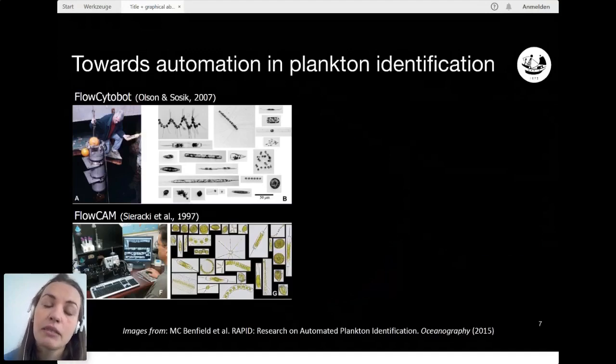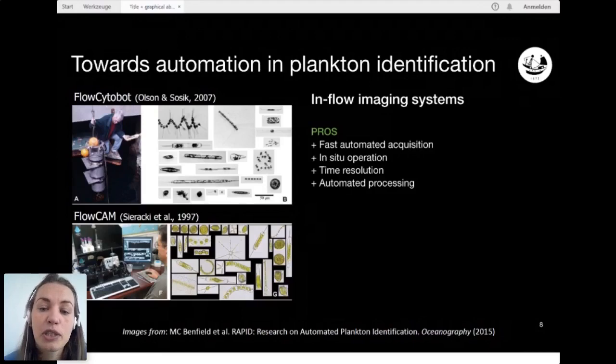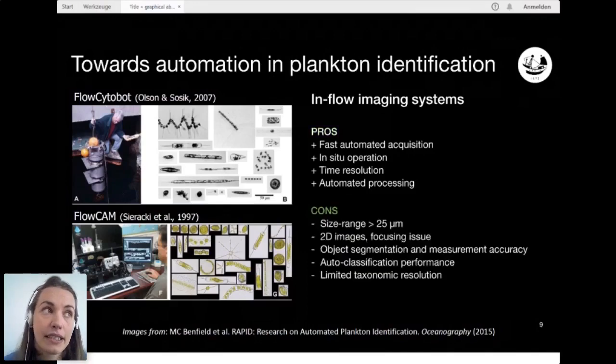The predominant imaging techniques are still manual imaging and counting, or flow cytometry-based imaging methods. I showed you two examples here, the FlowCytobot and the FlowCam. While these in-flow imaging systems offer a lot of advantages, in particular when it comes to speed, they are quite limited in the morphological details you can get from them, and hence also the taxonomic classification performance you could achieve with these.